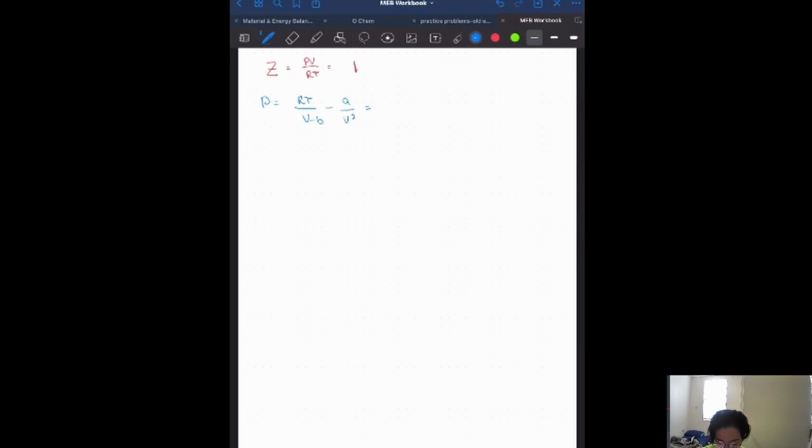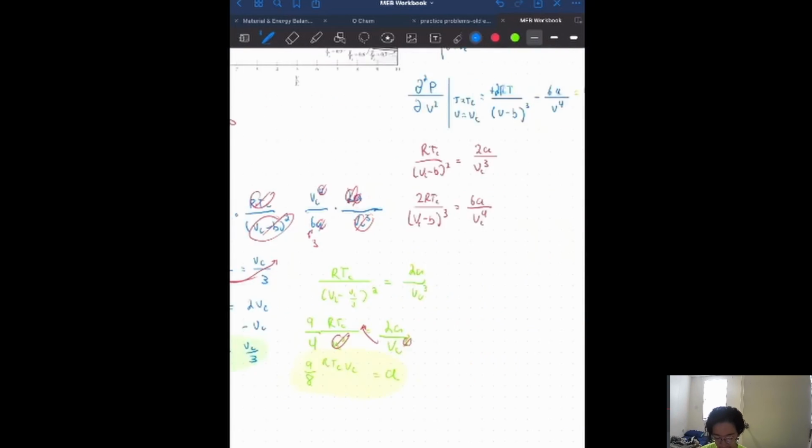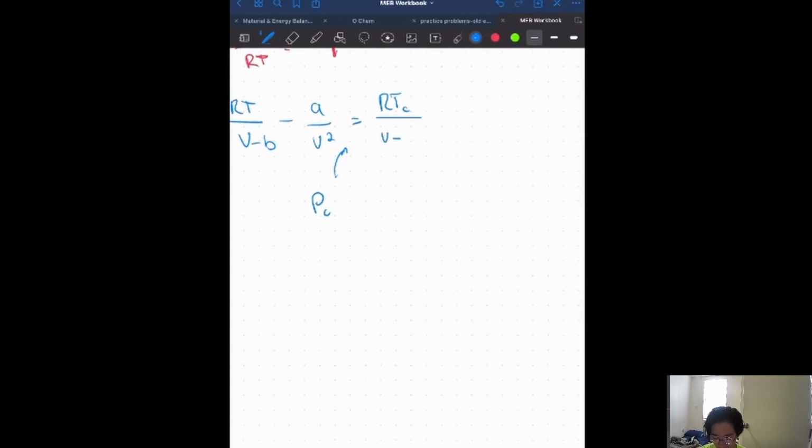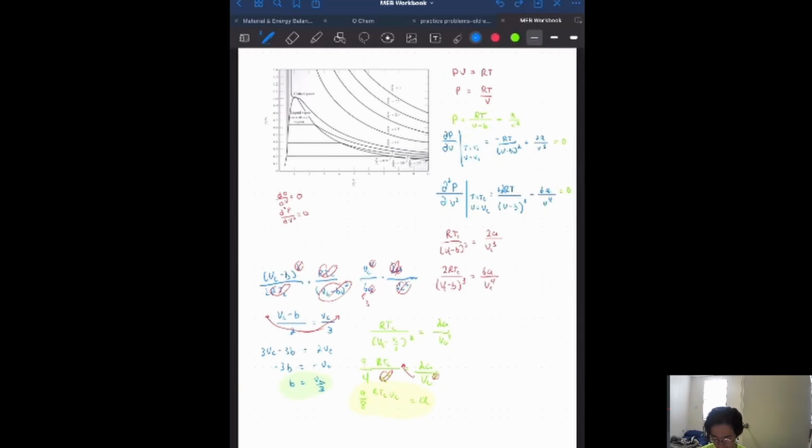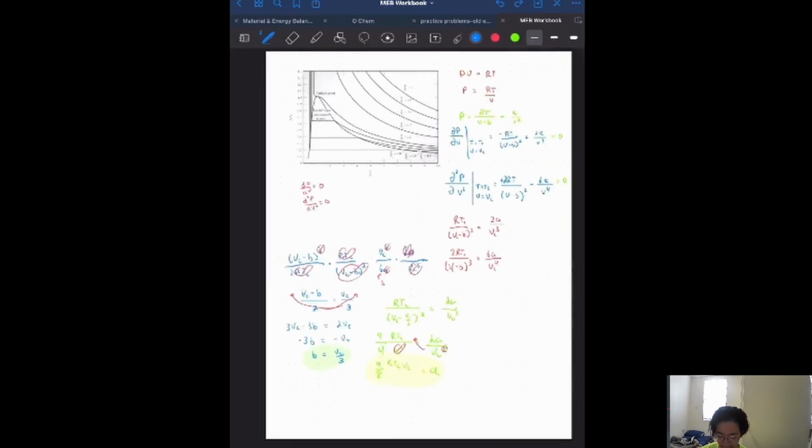So we'll call this PC now. PC, the critical pressure, is equal to R times TC over V minus, remember, B is VC over 3, VC over 3 minus A over, oh sorry, we plug in A, and our A is equal to 9/8 RTC VC.